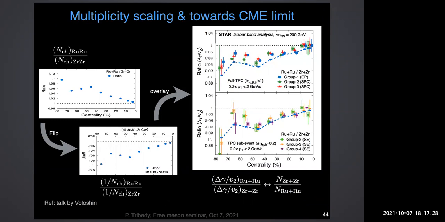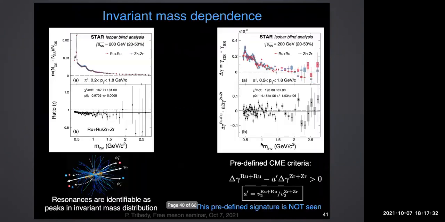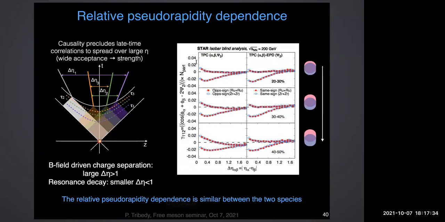I don't know if that answers part of your question. Okay. Oh, actually, Rajiv, there's also a study with the rapidity gap between the charged particles. So this may be of interest to you for the resonance. Maybe take a look at this later.